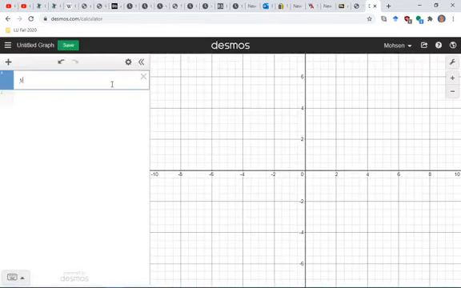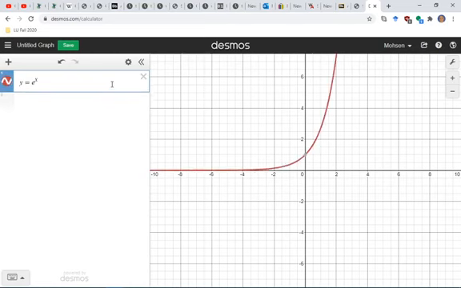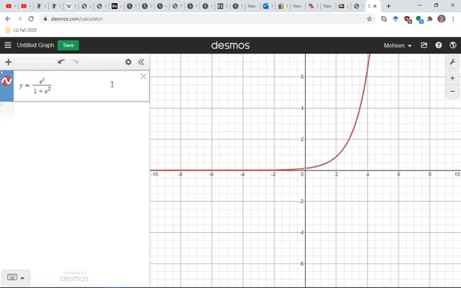I'm going to have exponential of x over 1 plus exponential of 2x.